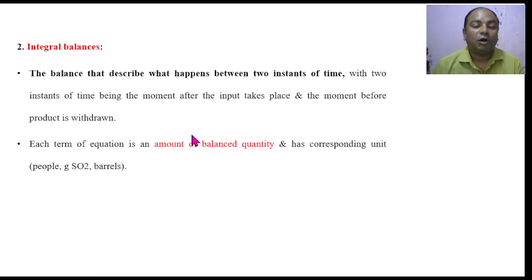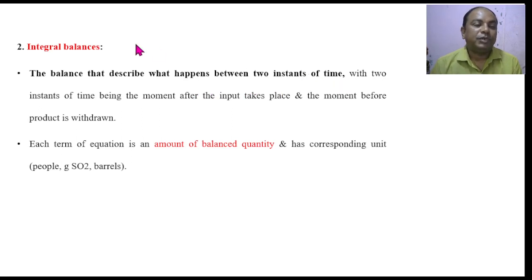There is no other unit of time, because we are here determining the amount that is produced in a system when it has undergone a certain process. What is happening between two instants of time, that time period is taken in order to find out exactly the amount of that particular quantity, the substance undergoing change between two instants of time.